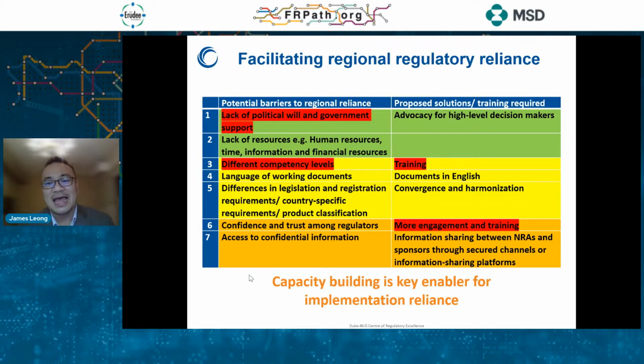That also means they are not empowered to make a lot of decisions supporting whatever goals and objectives they want. Because of this, the lack of political will and government support is cited as the number one priority barrier that we wish to overcome. Notwithstanding, they also hope to see more platforms to engage them. This is really part of confidence building, where the regulators get used to and exposed to more opportunities.